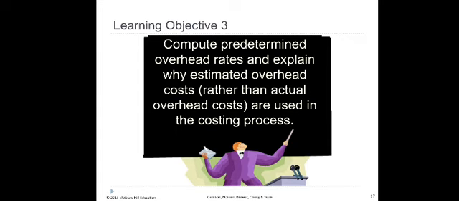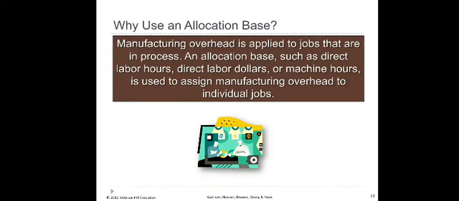Okay, the next thing is about the overhead cost. Overhead cost is an indirect cost. It has no direct relationship with a job or a product produced by a company. So in the job costing system, to calculate the overhead cost, you have to use a concept called predetermined overhead rate.